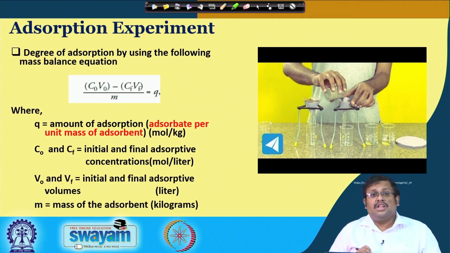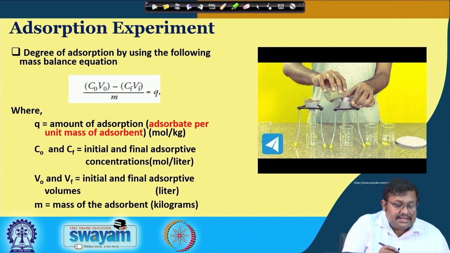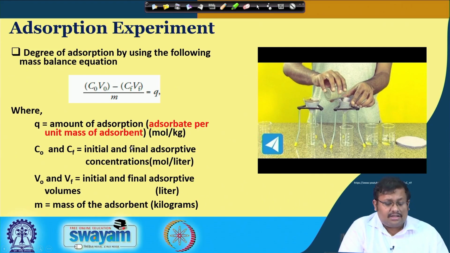The degree of adsorption can be calculated by using the following mass balance equation: Q equals C0 V0 minus CF VF, divided by M. Here Q is the amount of adsorption, in other words adsorbate per unit mass of adsorbent, the concentration of a particular species per unit mass of soil in mole per kg.